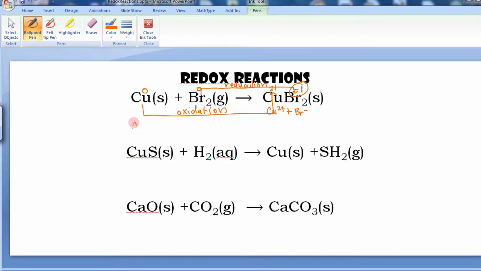It goes down. So it is undergoing reduction. So since copper is undergoing oxidation, it is the reducing agent. Since bromine is undergoing what? Reduction, it is the oxidizing agent.